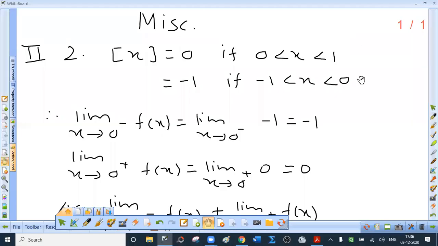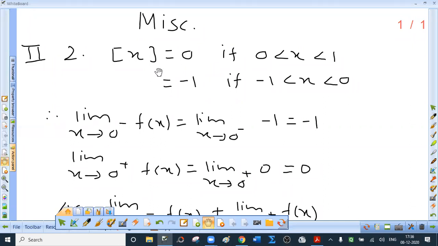Second sum: limit of step function x as x tends to 0. Now, let me explain first. See, step x is 0 if 0 less than x less than 1. When we say x tends to 0, it may approach 0, I'm sorry, from the right or from the left.